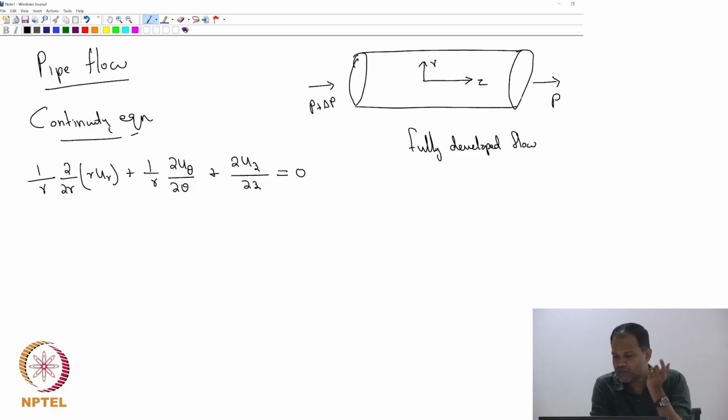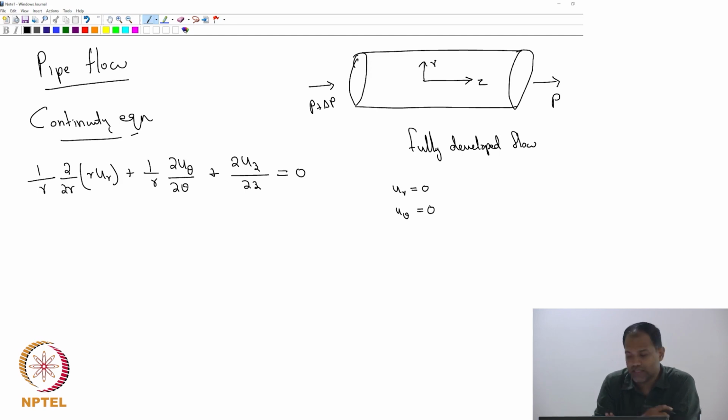So here also it's unlikely that we will have a ur. ur is likely to be 0, and we will right now assume that ur is indeed 0. You can question that assumption, but at a later point. So let's assume that ur is equal to 0. We will also assume that u theta is equal to 0. Now, assuming u theta equal to 0 is much more sensible, because what is u theta?